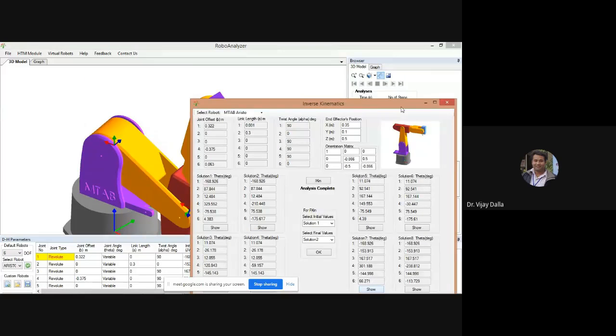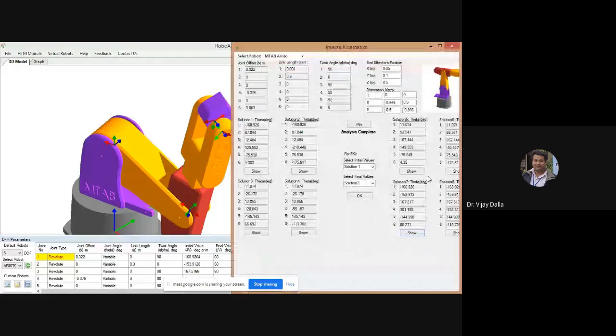See, solution 7 with respect to, suppose, solution 1, it moved more. So the joints should have minimum movement. By this observation I can say, but accurately I cannot say. For that we need to apply an optimization technique.